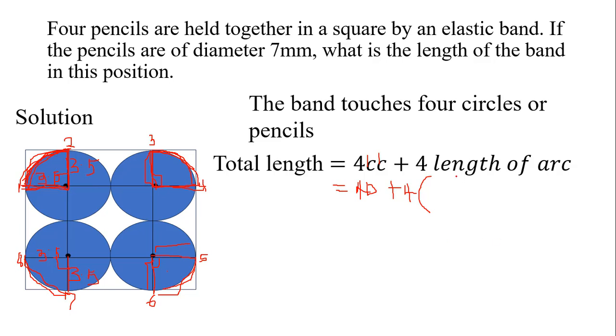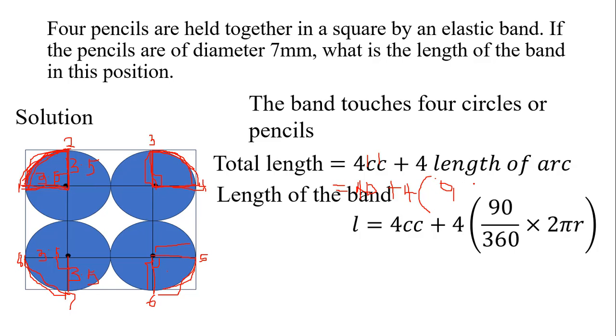So I'm going to have theta over 360, which is 90 over 360, times 2 pi r.